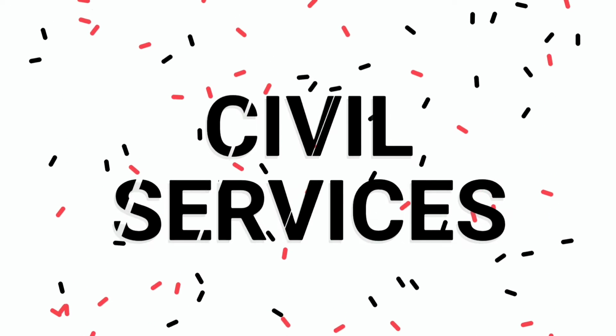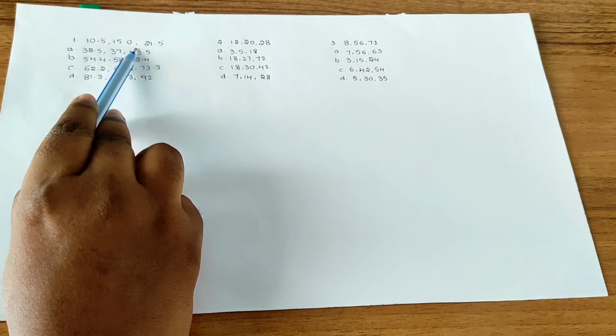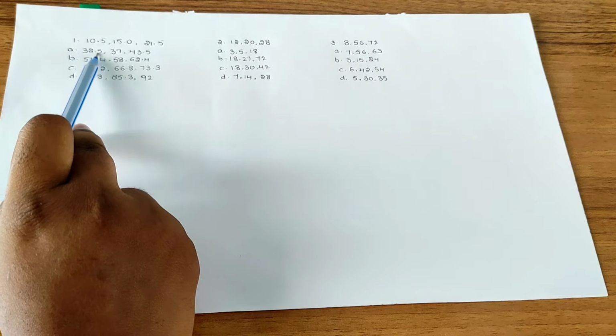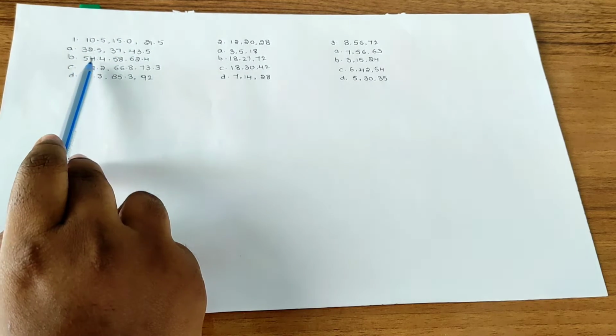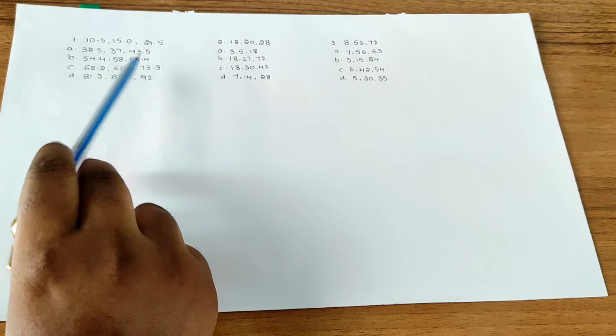So in today's video we are going to discuss the practice questions of CSAT, which is related to analogy. So the very first question is 10.5, 15, 21.5. Here the options are 32.5, 37, 43.5, and the second one is 54.4, 58, 62.4.